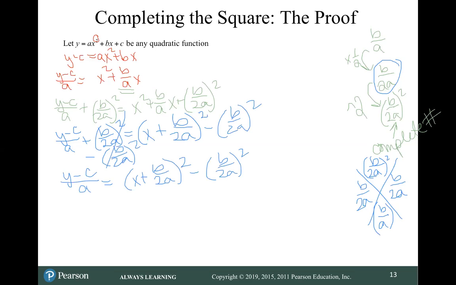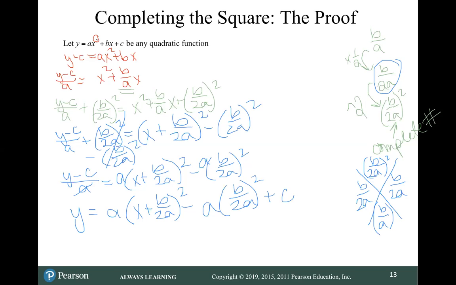Multiply everything by a and add c. So y equals a times (x plus b over 2a) squared minus a times (b over 2a) squared plus c. Okay, that is the completed square.